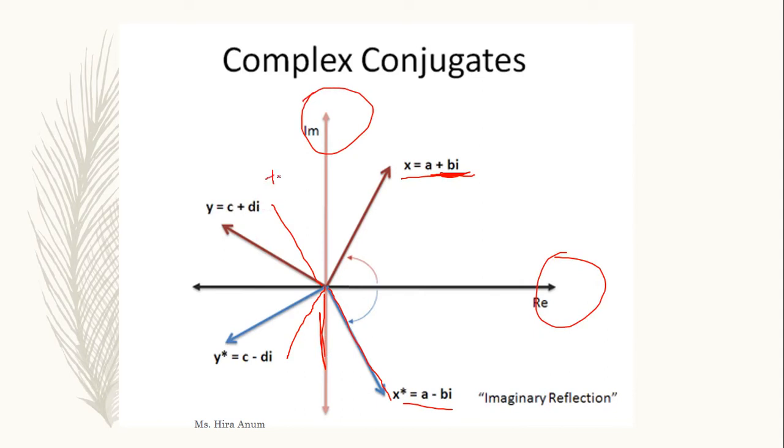If it is positive it becomes negative, and if the imaginary part is negative, the conjugate will have a positive sign.